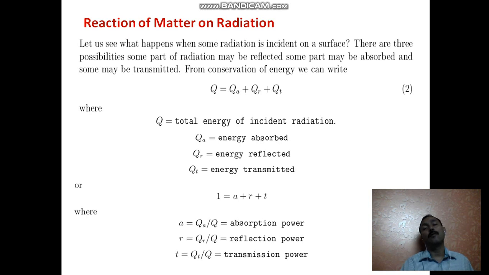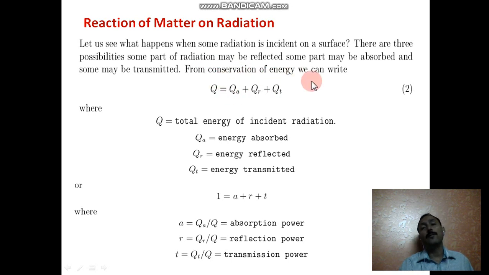Reaction of matter on radiation. Let us see what happens when some radiation is incident on a surface. There are three possibilities. Some part of the radiation may be reflected, some part may be transmitted, and some part may be absorbed.